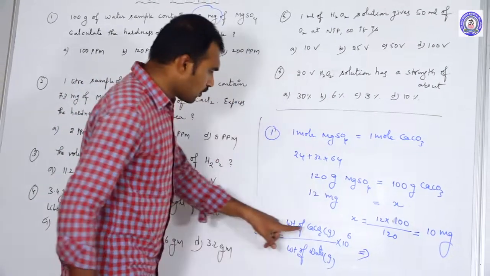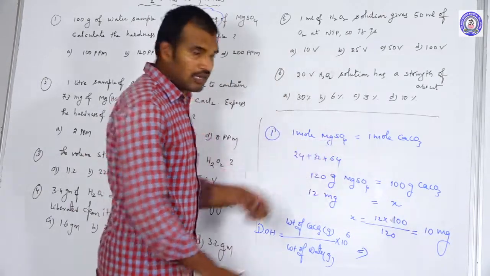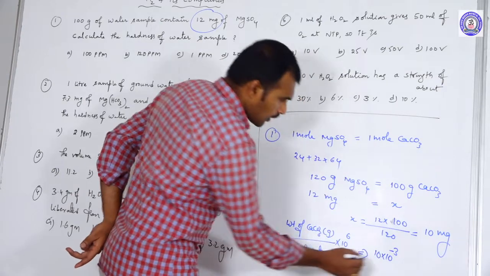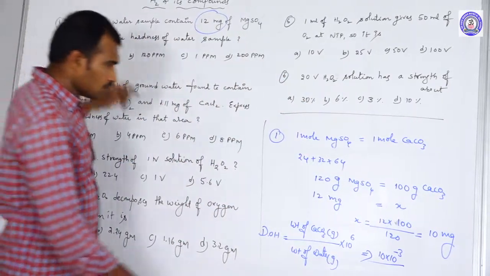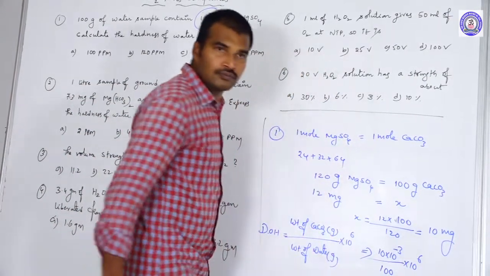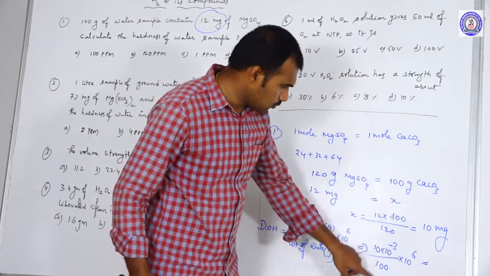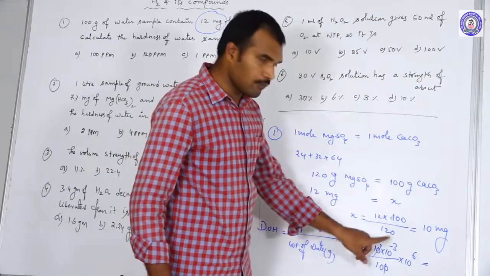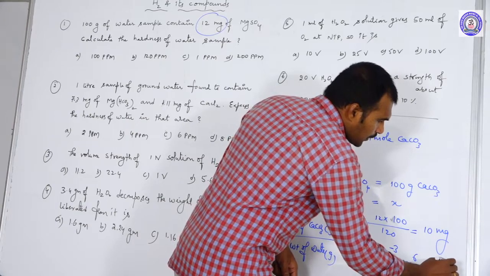The weight of CaCO3 in grams is wanted, but it is given in milligrams, 10 milligrams, so 10 into 10 power minus 3, divided by the weight of water. The weight of water is 100 grams, so 100 into 10 power 6. Simplifying the powers of 10, finally 100 ppm.